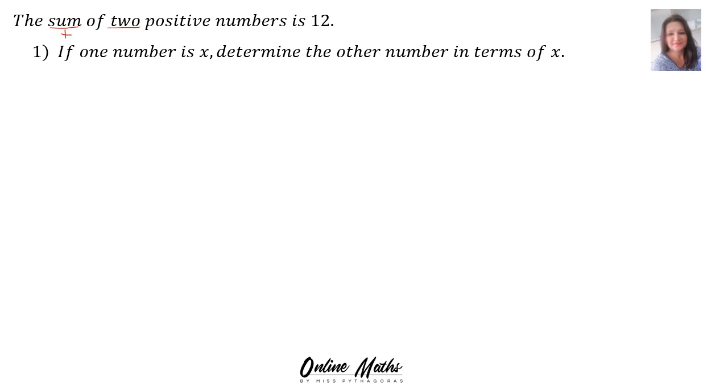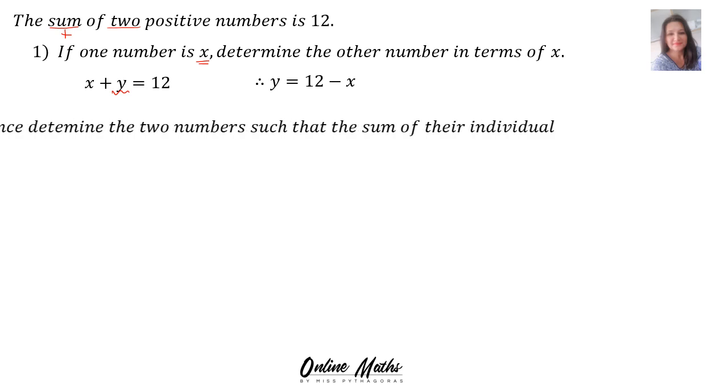So they tell us that one number has to be x, so therefore x plus y is 12. Now the question says determine the other number in terms of x. That means we will make y the subject of the formula and there must be an x in the answer. So therefore this other number is y is equal to 12 minus x.